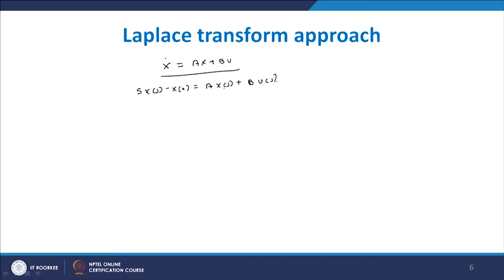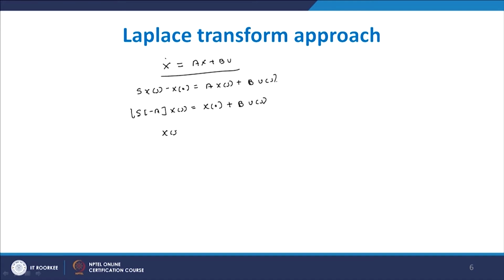Now, we can take x of s on left hand side and then we can get the equation as (sI minus A) into x of s equal to x naught plus b into u of s.